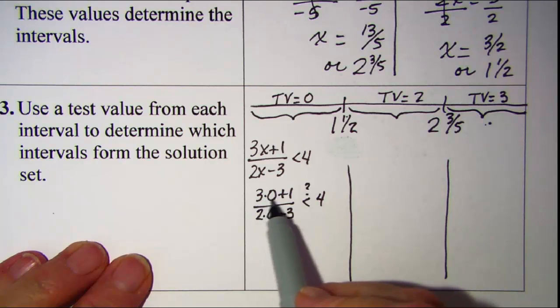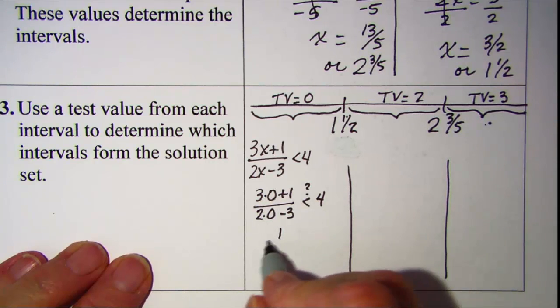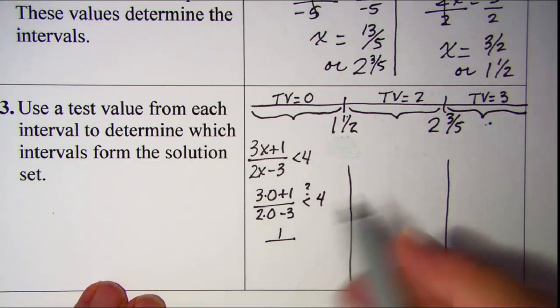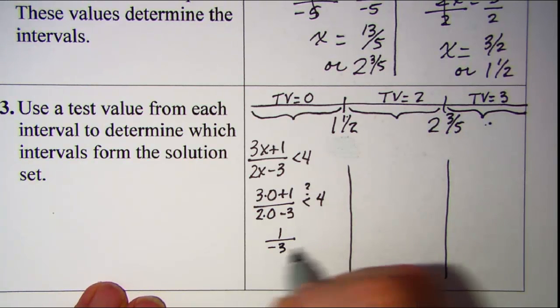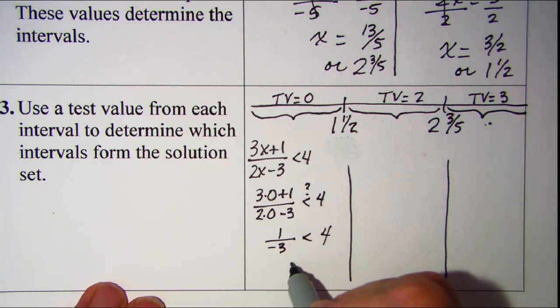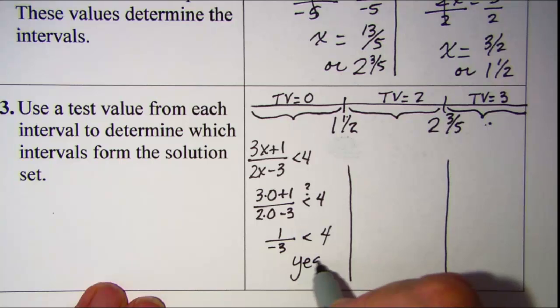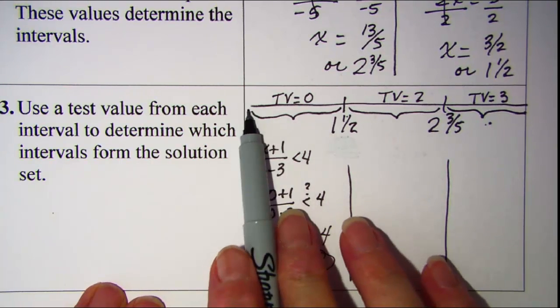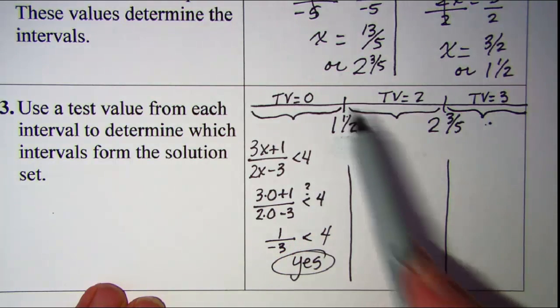Well, 0 plus 1 is 1 over 0 minus 3 is negative 3, and that is less than 4. So this is a true statement. This interval works, from negative infinity to 1.5.